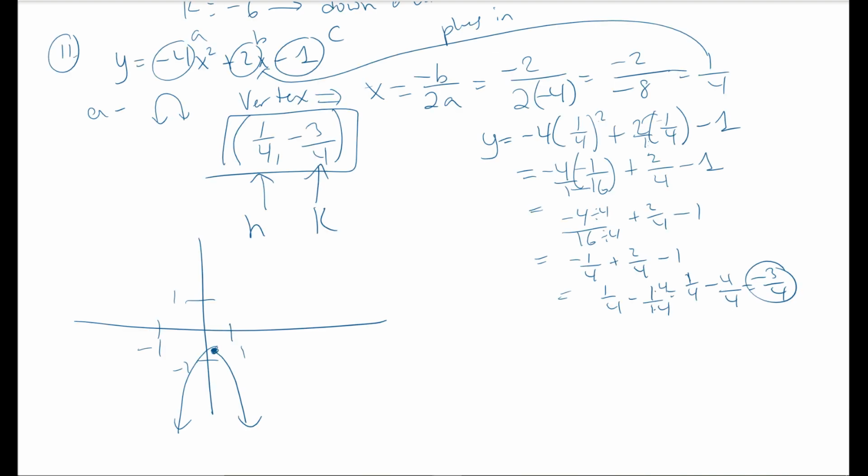Or I'm sorry, I'm looking at the other problem. The vertex is given by negative 2, negative 3. Our point is given by 1, 5.